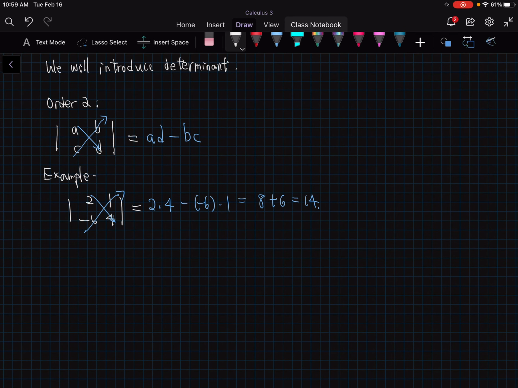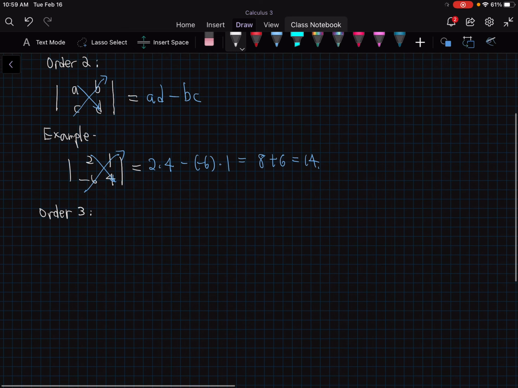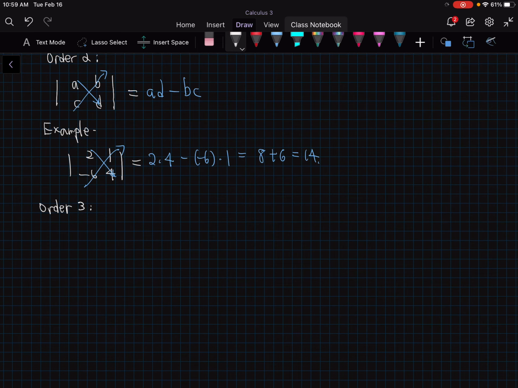What about order 3? Now we will introduce the determinant of order 3. A little bit more complicated, but we're going to do that in terms of order 2.